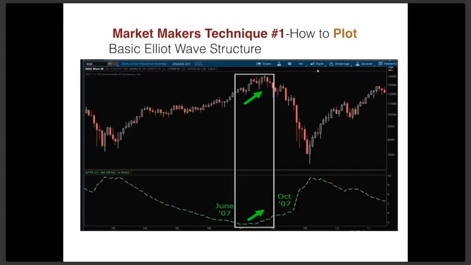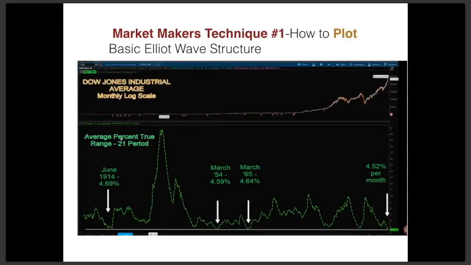Let's look at where we are right now, right? So in 1914, the percentage was 4.69. We started picking up. We had a depression in 1929, and in '54, the percent is at 4.59 when the range starts increasing, right?